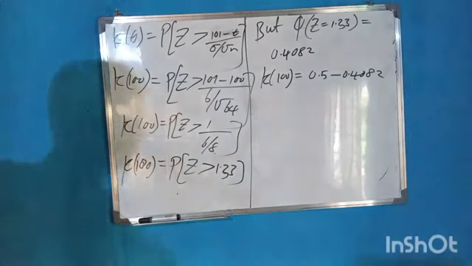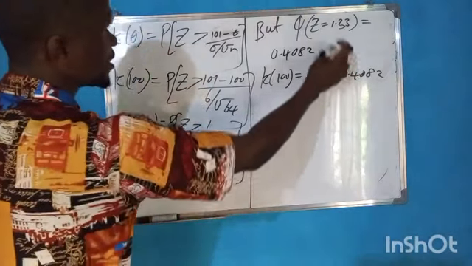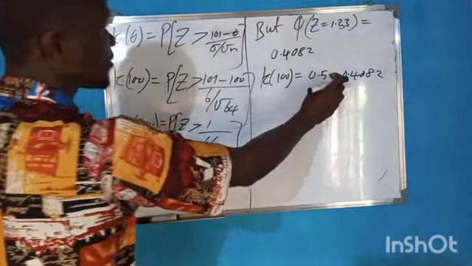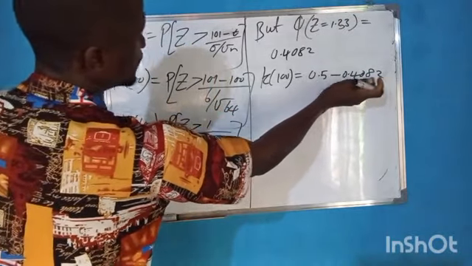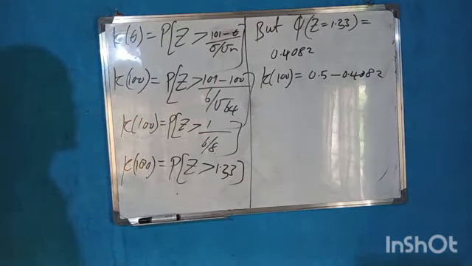So from 0 to 1.33 is 0.4082, and you have to subtract it from 0.5 to get the actual value.